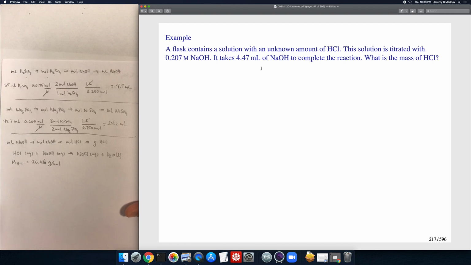Okay, so starting with the 4.47 milliliters, I think we should go ahead and actually convert this to liters this time, since we obviously don't want our final answer in milliliters. We need to convert this to liters. So we are going to take 10 to the minus 3 liters per milliliter.